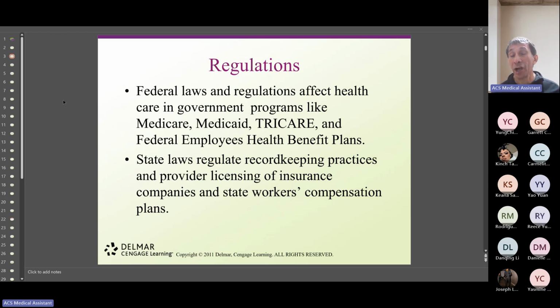It's going to be the company's workers' compensation insurance. Because by law, the company where you work has to have workers' compensation insurance. Even if they don't give you medical insurance, they must have workers' compensation. So that's basically what it is.